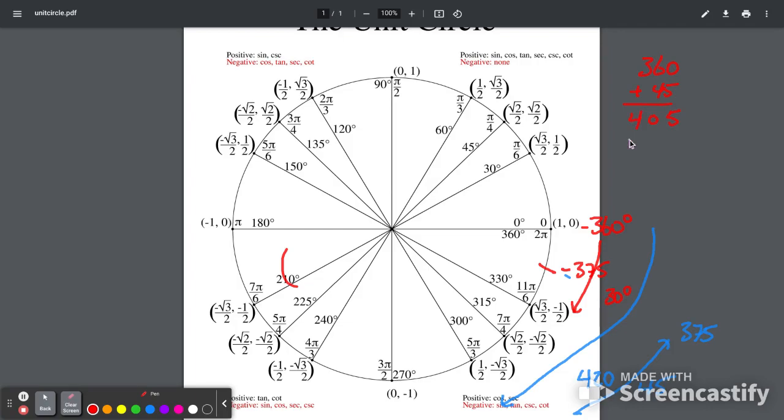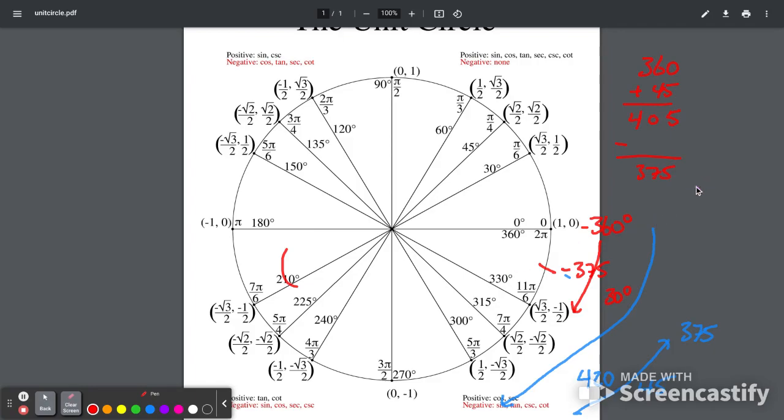Then I need to subtract from that to get to 375, which is 30 degrees. So that would kind of work. Then 405 plus 45 would put me right here at 315, and then I would take away 30 degrees and that would put me right there. So that's another possible situation.